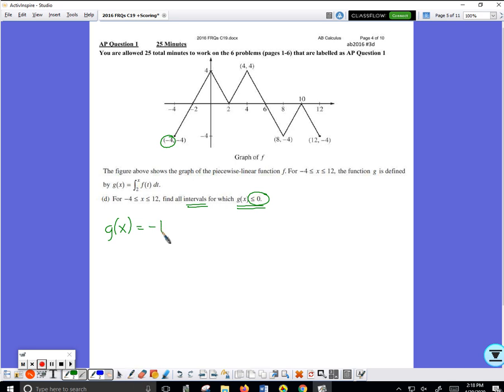So -1 times the integral from -4. That's if I'm finding g of -4. So this problem is already feeling like I'm stuck, so I've definitely skipped forward. So that would be g of -4.